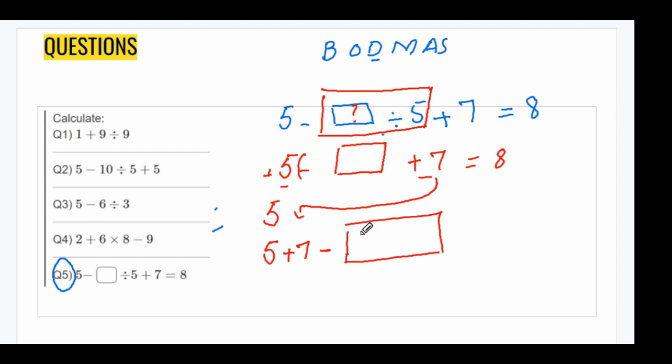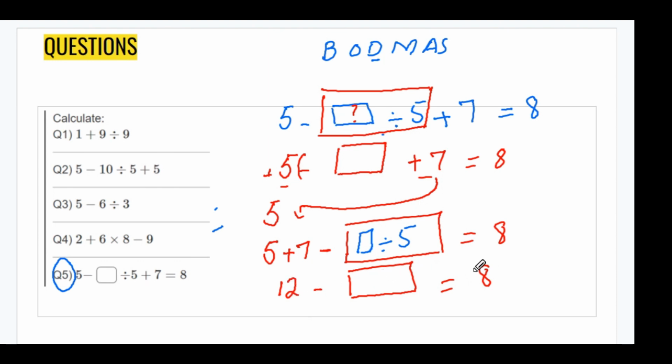Okay, what was in the box? This thing and this thing. We are just not going to think about it right now. I'm just writing my other things as they are. 5 plus 7 will give you 12, leaving this box as it is, equals 8.